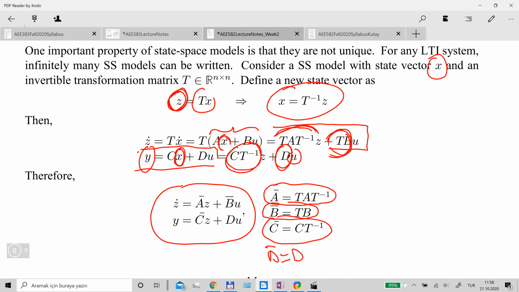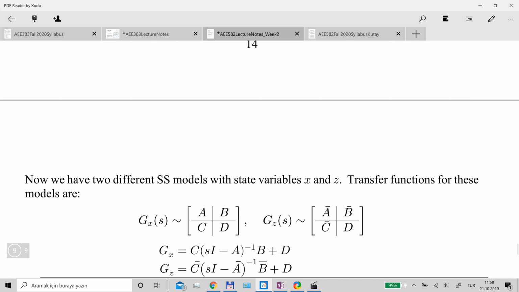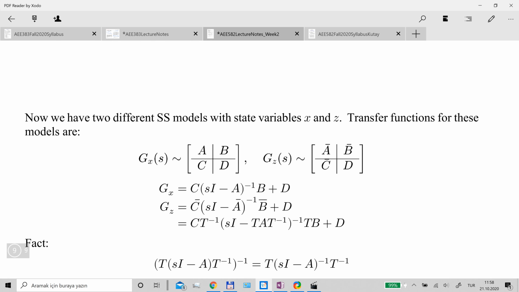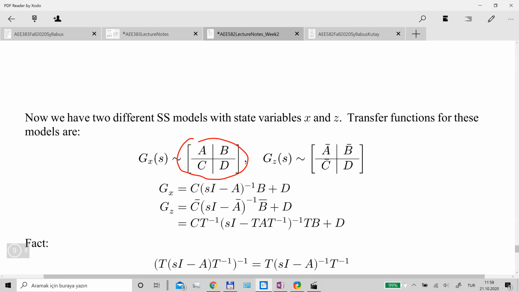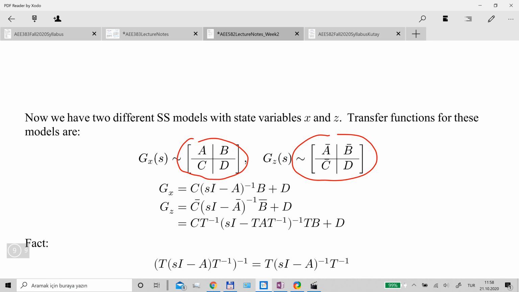Well, to find the answer, let's check the transfer functions corresponding to these two different state space representations. So we have two transfer functions with these two sets of state space matrices. Let's write the transfer function for each one and see if they are equal or not.